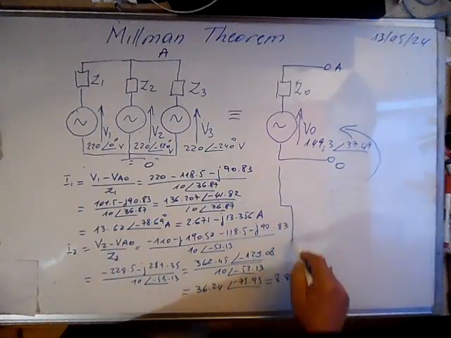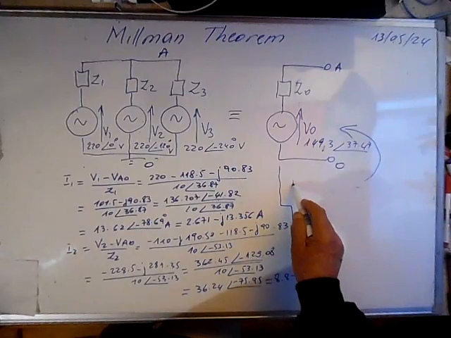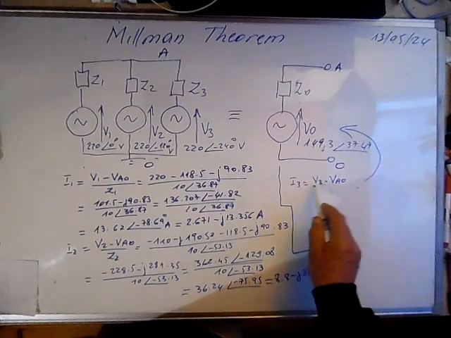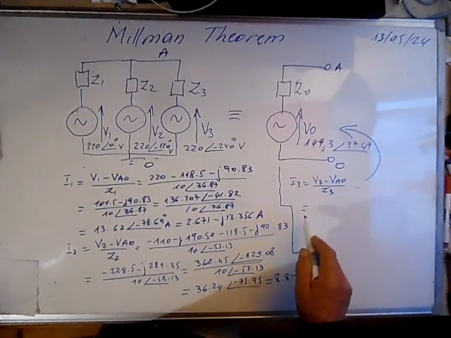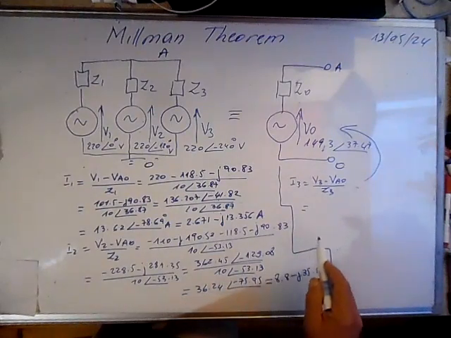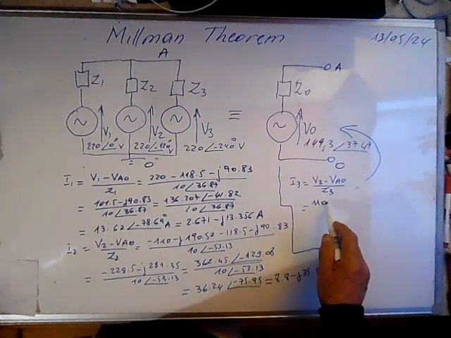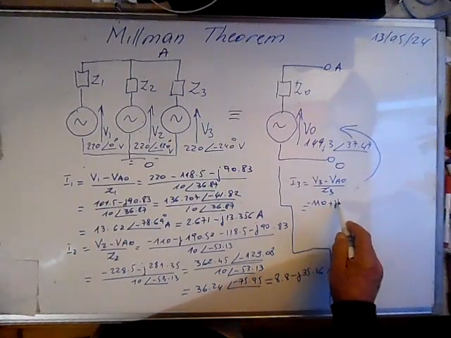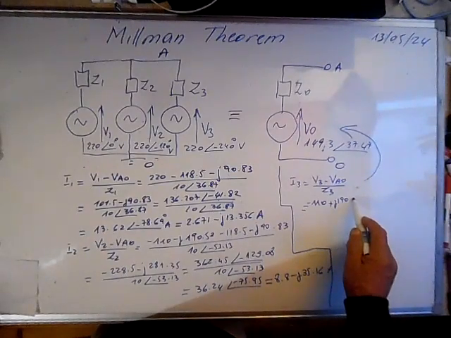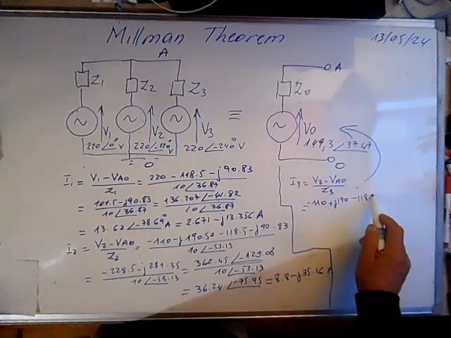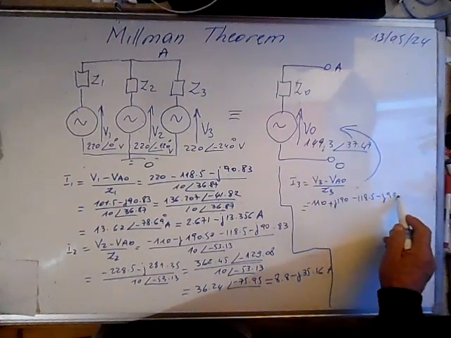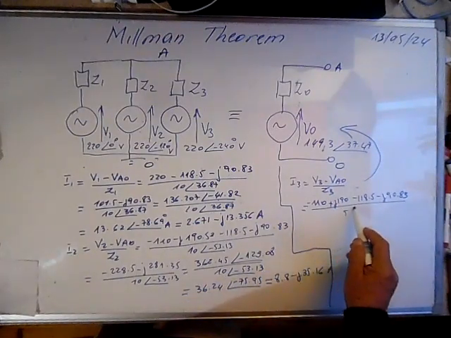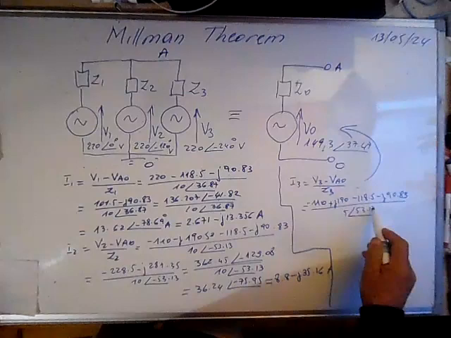We have now to calculate I3. I3 will be equal to V3 minus VA0 over Z3. I will give you the result. It's minus 110 plus j190.52 minus 118.5 minus j90.83 over Z3, which is 5 at 53.13.